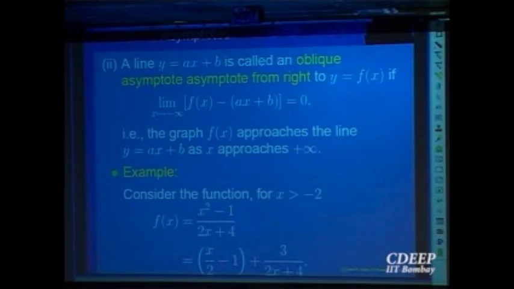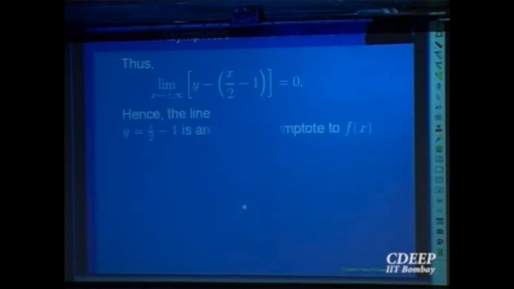Once you write it in this way, you can see that f(x) minus this line is equal to 3 over (2x plus 4). As x goes to infinity, this goes to 0. So f(x) minus a linear part goes to 0, the limit is 0. So this is an oblique asymptote for the function, both from the left and right.